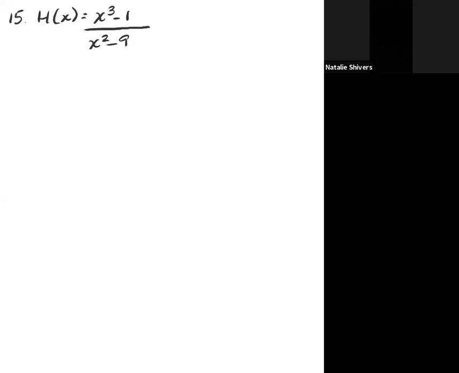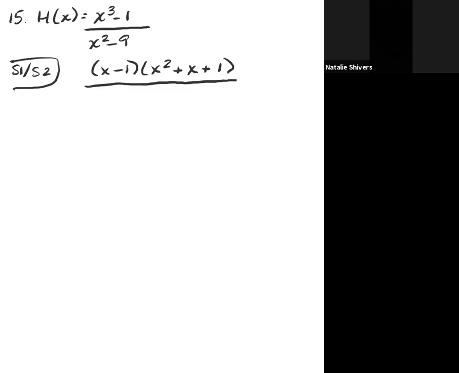Step 1, step 2, we're going to do at the same time. We get x minus 1 times x squared plus x plus 1 on the top, a difference of cubes. The bottom is the difference of squares, x minus 3 times x plus 3. Nothing cancels out, so we're good.